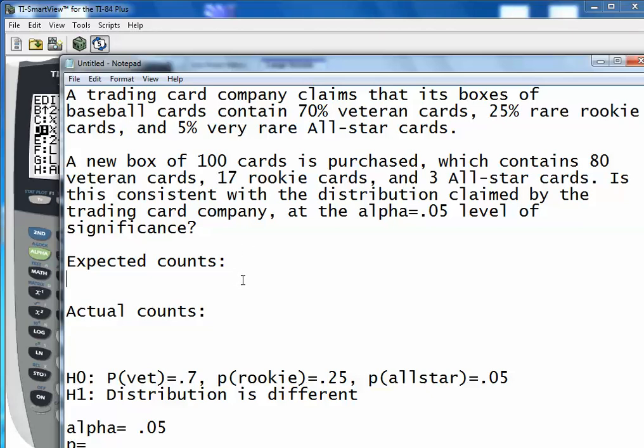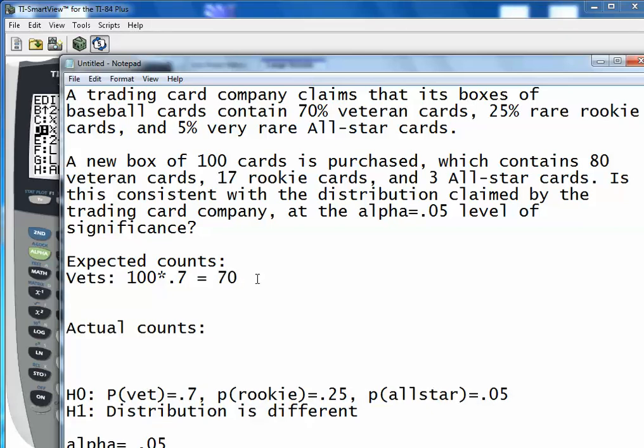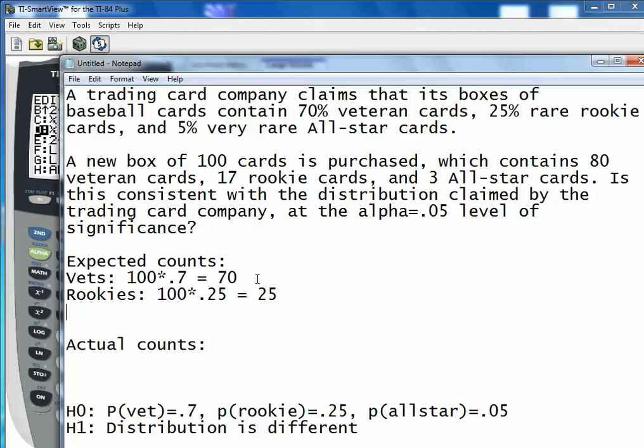Well, for veterans, I got 100 cards, and 70% of them are supposed to be veterans, so I should expect about 70 veteran cards. For rookies, I'm buying 100 cards, and 25% of them are supposed to be rookie cards, so I should expect about 25 rookie cards.